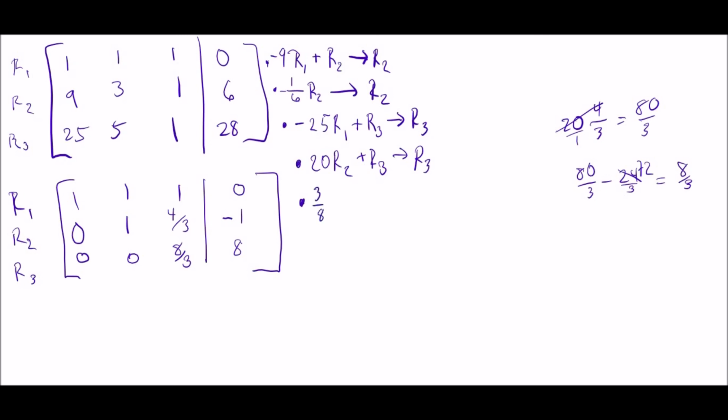So instead of 8/3, let me multiply row 3 by 3 over 8. Because if I do 3/8 times 8/3, everything cancels, I just get 1, and that's what I want. And then I'm substituting row 3 for that. So 3/8 times 8/3 is, of course, 1. That's what I want, 1.